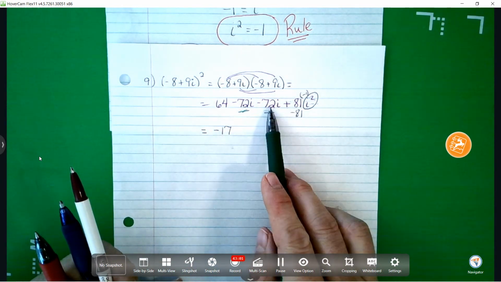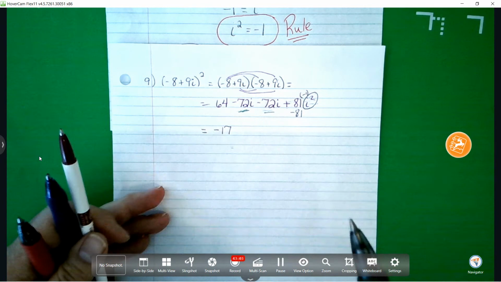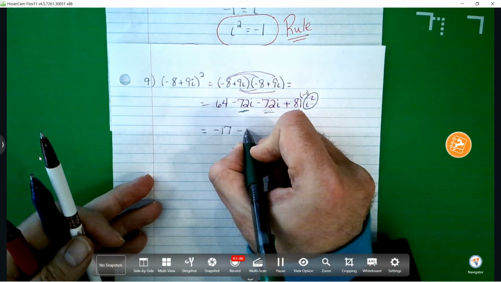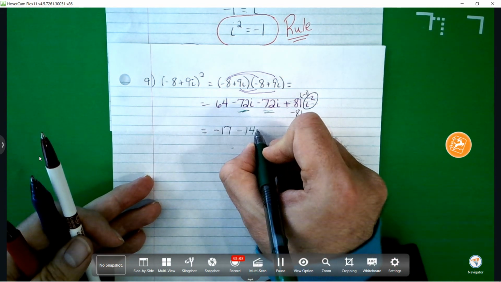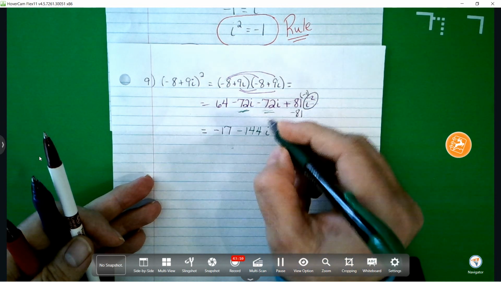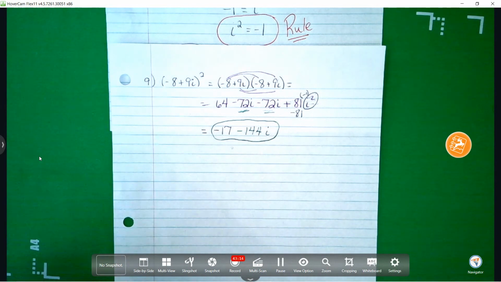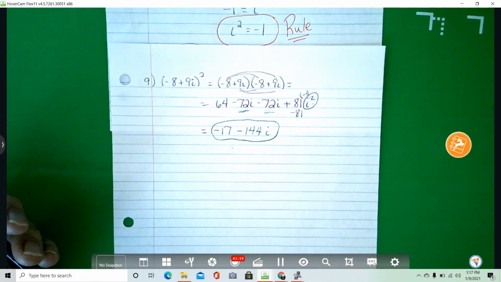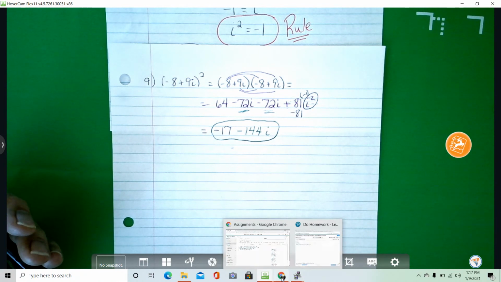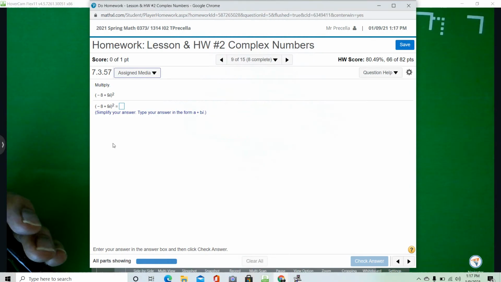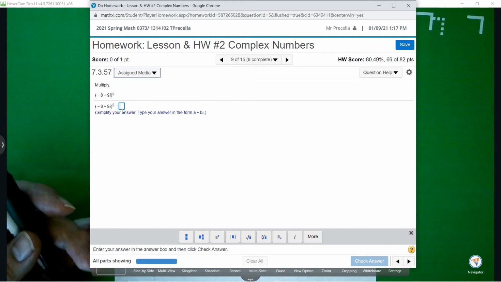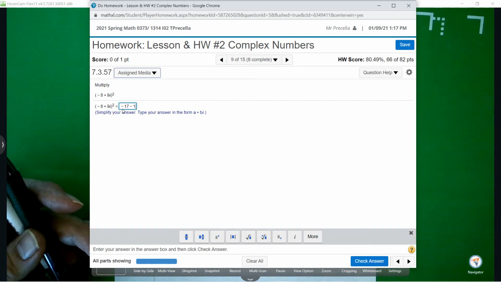Negative 72 plus a negative 72 is a negative 144i. So negative 17 minus 144i.